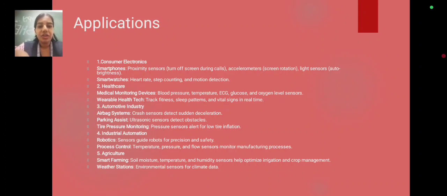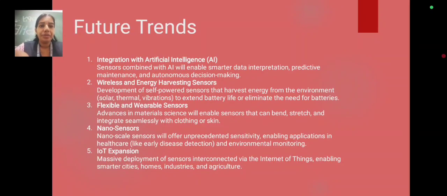And the last application is agriculture, that is in smart farming. Soil moisture, temperature and humidity sensors help to optimize irrigation and crop management. Also, sensors are used in weather stations and in environmental sensors for climate data.